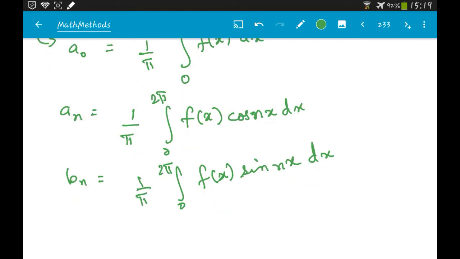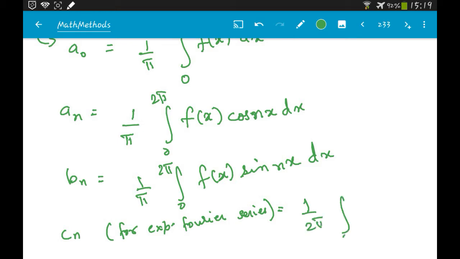And if we are looking at Cn in the exponential Fourier series, then this will be represented by 1 by 2 pi, 0 to 2 pi f of x e power minus i nx dx. So this is when the period is 2 pi.